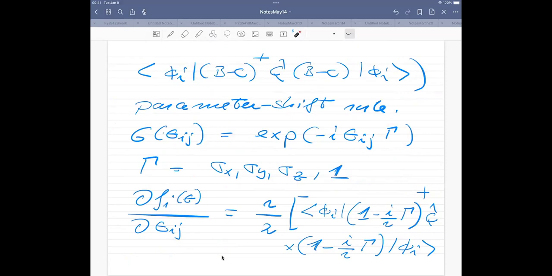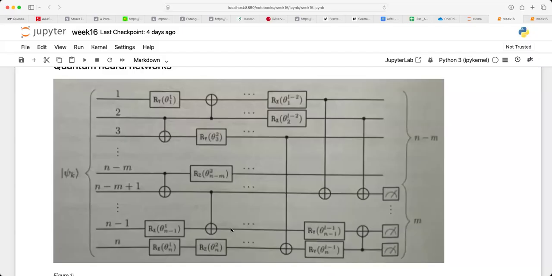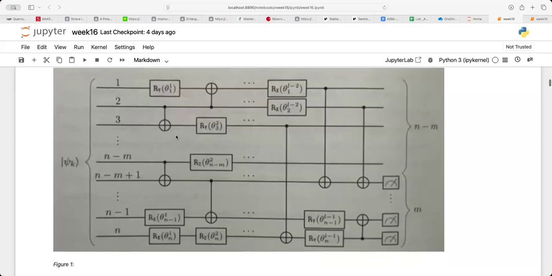And typically, when we are setting up this circuit here, the most common approach is to only vary the parameters of the rotation gates and leave the control gates unchanged and fixed from the beginning.